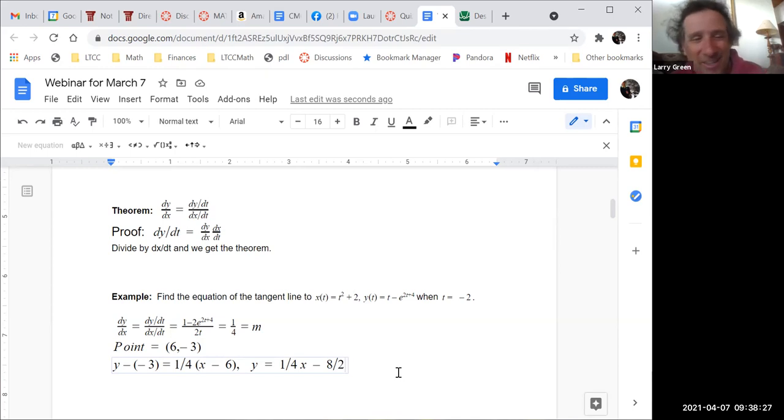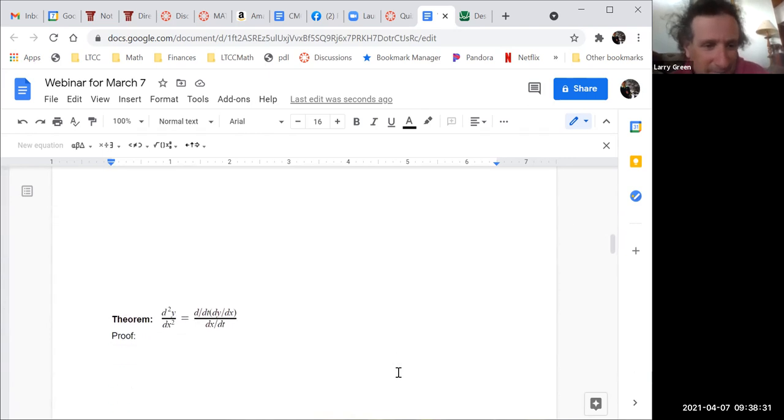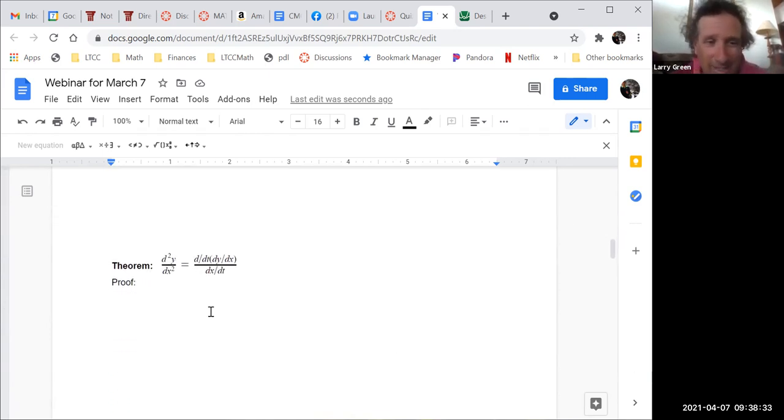So here's the theorem, and it's very simple. And the proof is as simple as what I had just done before. So the second derivative, d squared y over dx squared, is just d over dt of dy dt divided by dx dt. So it's very similar. You take the derivative and then divide by dx dt. And since it's the second derivative, you take the derivative of the derivative.